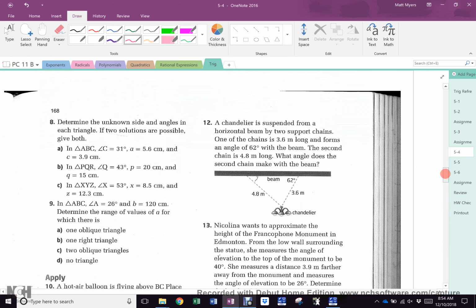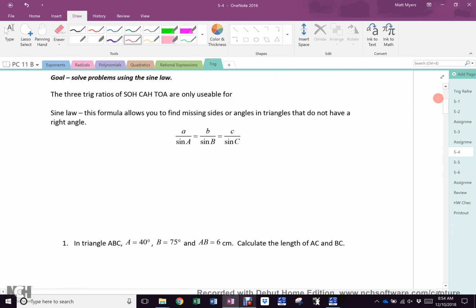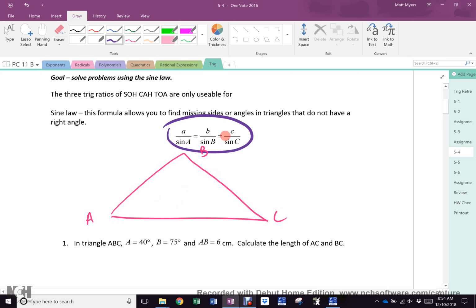Now, I hope also, I don't know if she did, but I hope Miss Clausen talked about A, B, C, a triangle like this, yeah? And she showed you, I hope, that the sine law comes from doing this. She didn't? Okay, well, it does. All right?